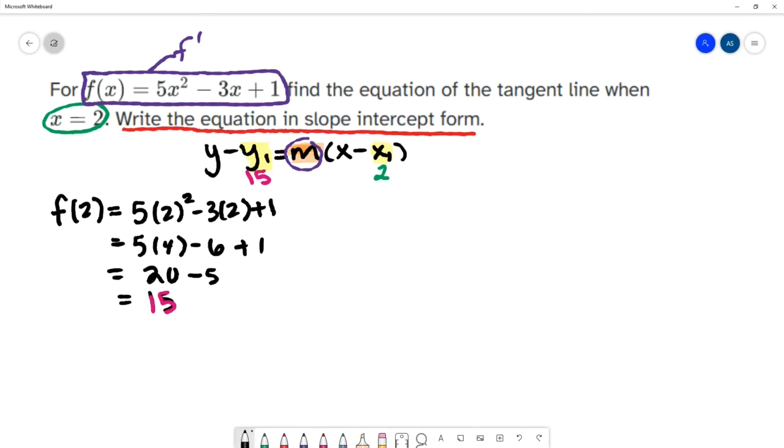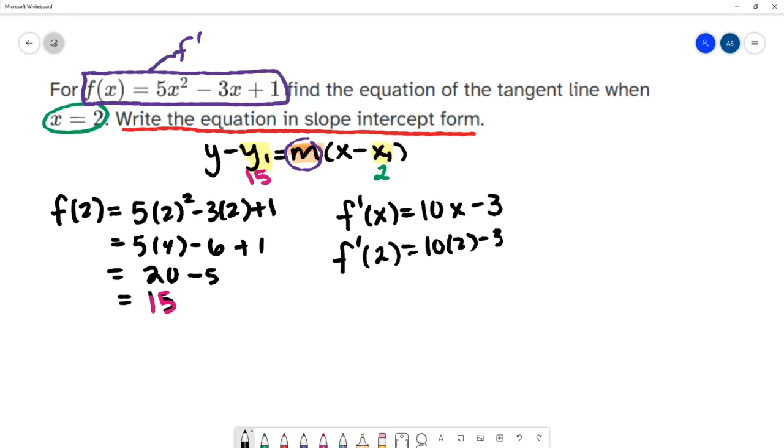So let's calculate the derivative for f of x, and f prime of x would be 10x minus 3, and we want to evaluate the derivative at that value of 2. That's 10 times 2 minus 3, which is 20 minus 3, which is 17, and now we have the value that we're going to use for the slope as well.